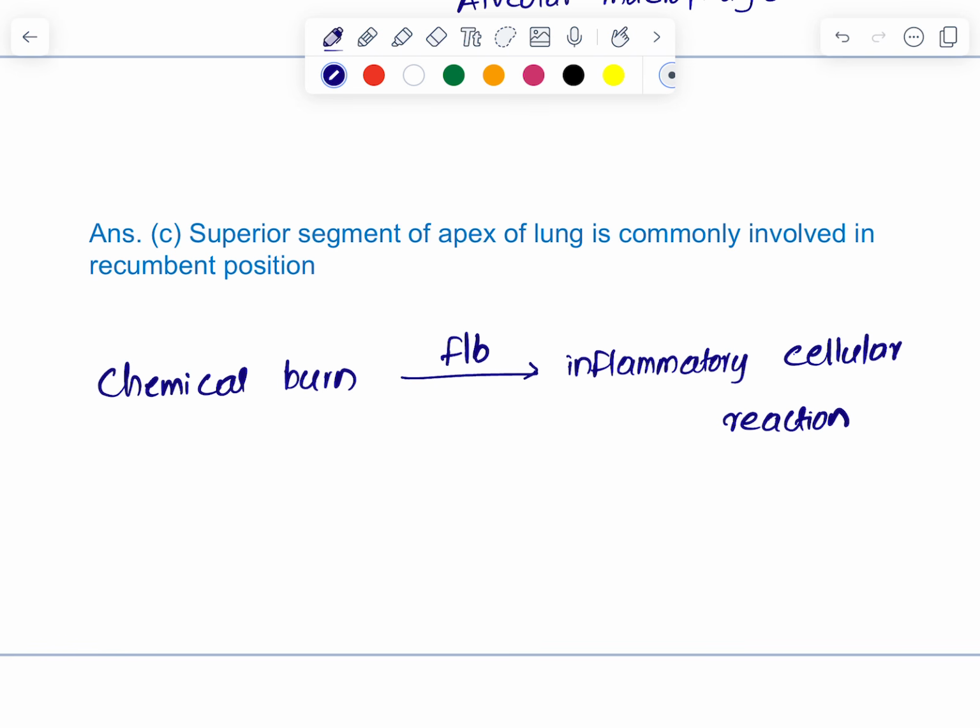And this inflammatory cellular reaction is due to the release of potent cytokines. What are these potent cytokines? That includes tumor necrosis factor as well as interleukin 8. These are the potent cytokines that will be causing the inflammatory cellular reaction.